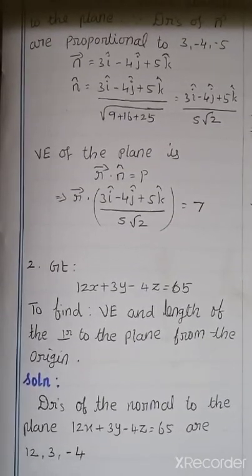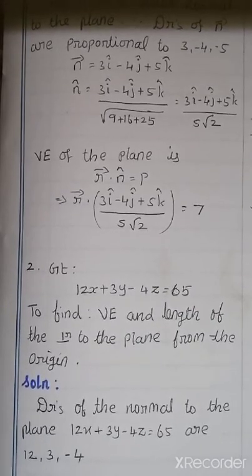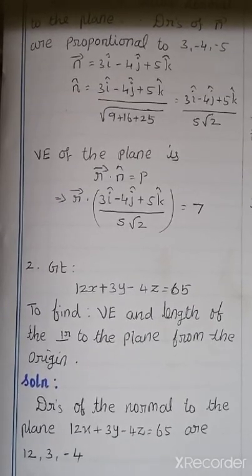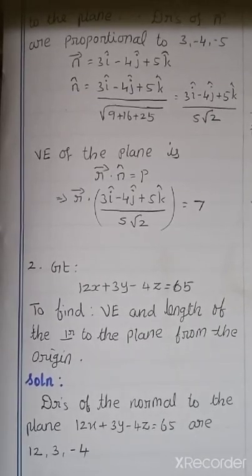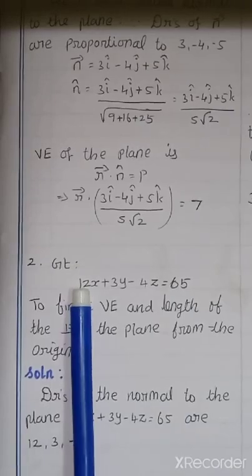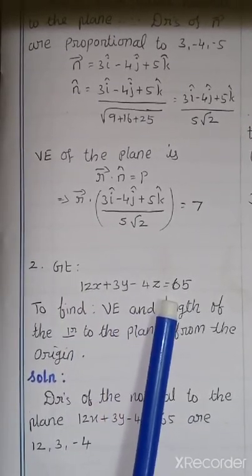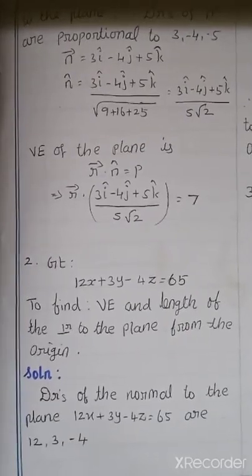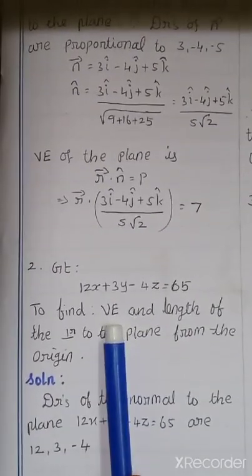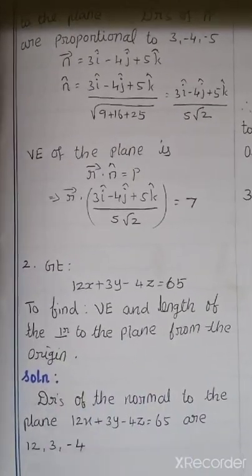So for the normal you have to use the first formula. What is the first formula? R dot n cap equal to p. The plane is 12x minus 3y minus 4z equal to 65. So what we want to find out is the vector equation and the length of the perpendicular to the plane from the origin.